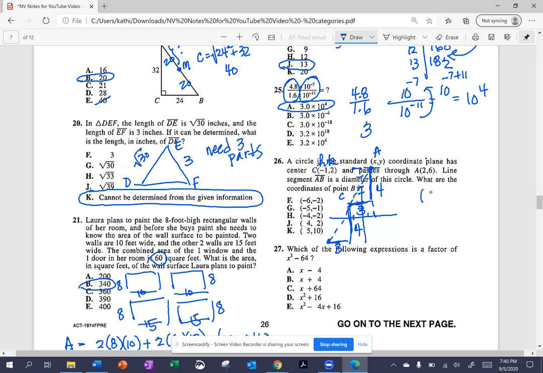So looking at this as negative 1, 2, I am going to subtract 3, and I'm going to subtract 4. So my new coordinates are going to be negative 4, negative 2. I can count on my graph over here too. Okay, so that's another one from geometry.